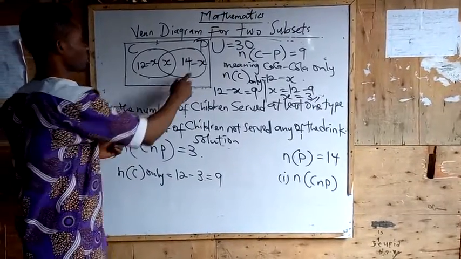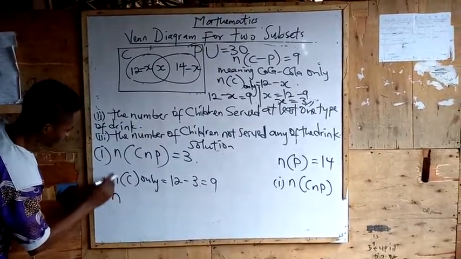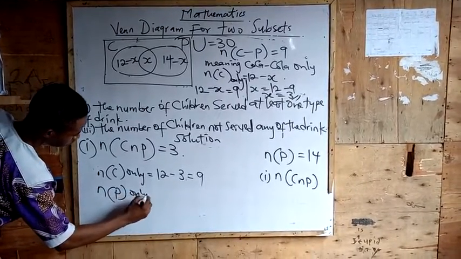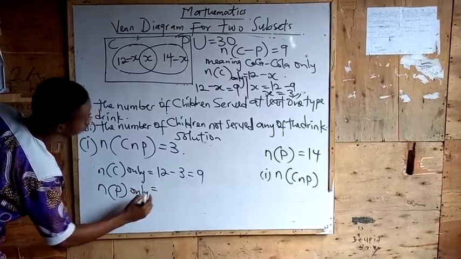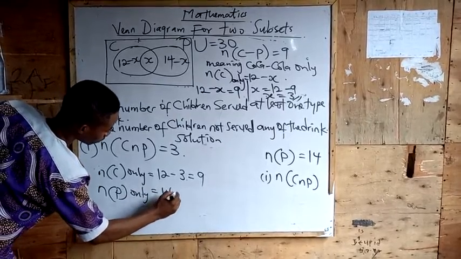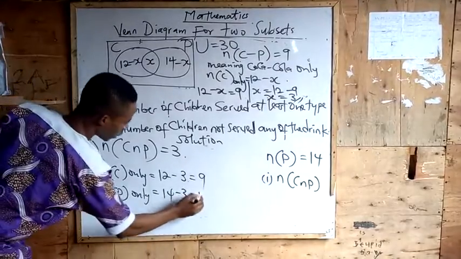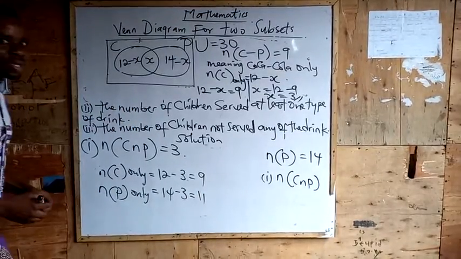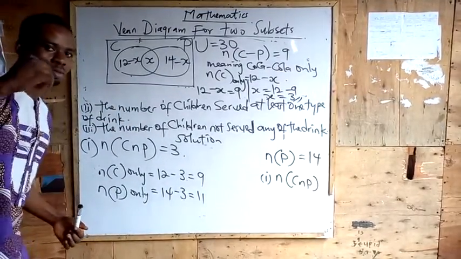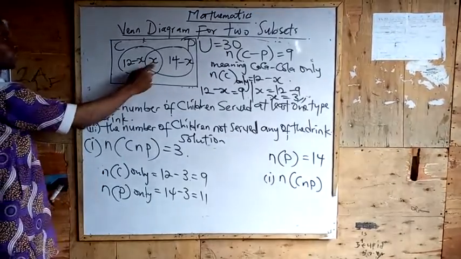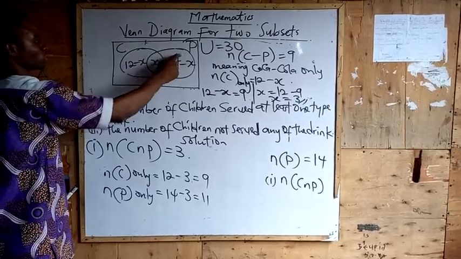At least Pepsi, for Pepsi only, that is 14 minus 3, because our x is 3. 14 minus x is 11. Don't forget, I said at least can be that number and above. So what about this? Served both, which is 3.